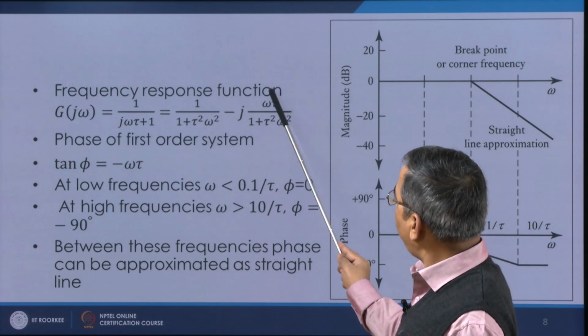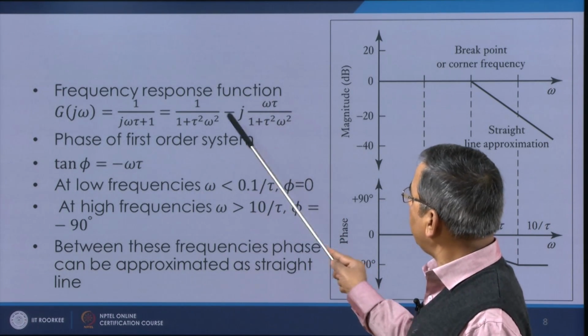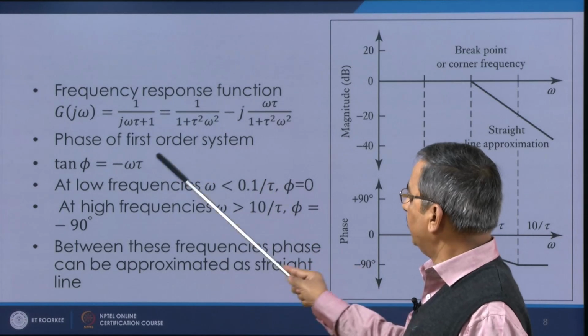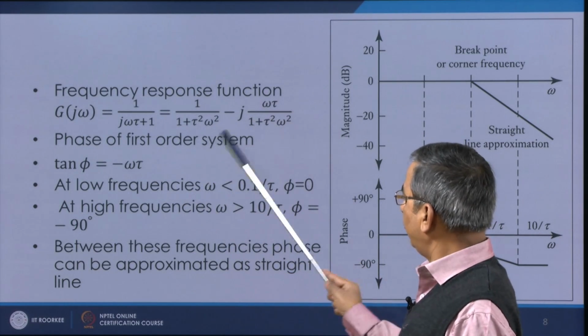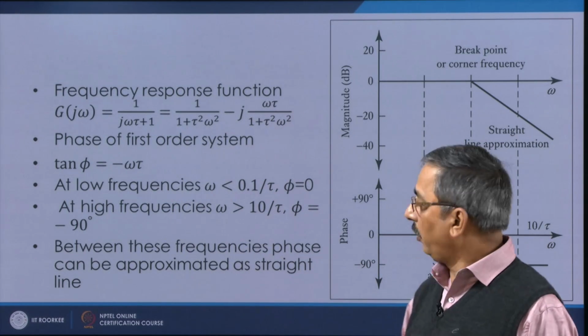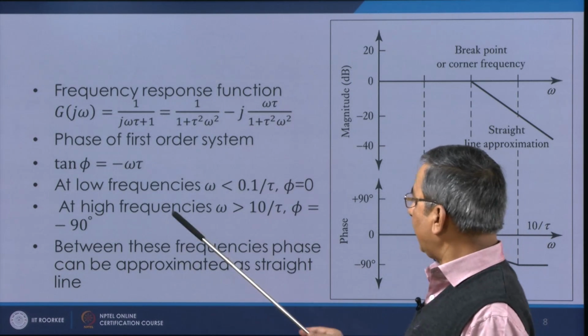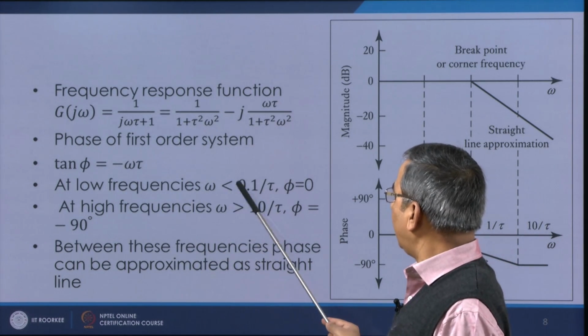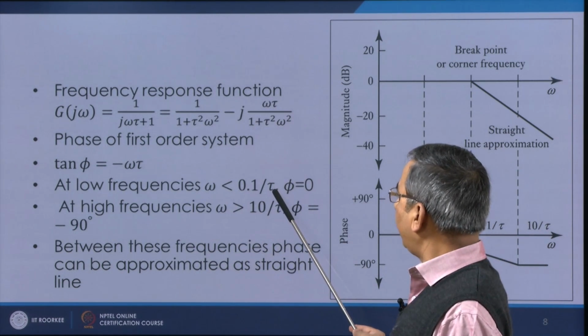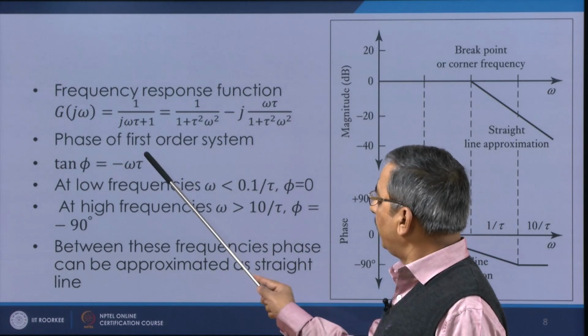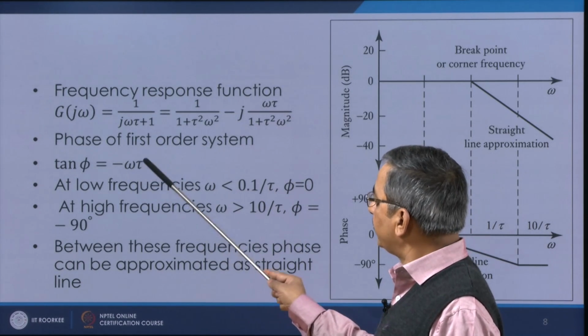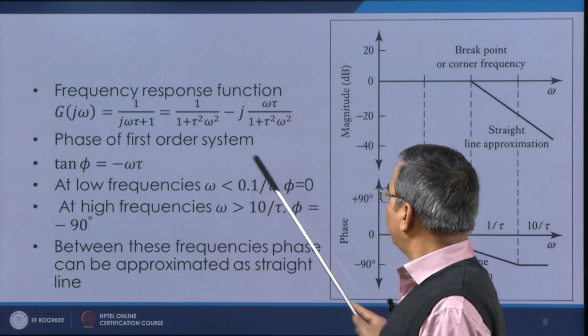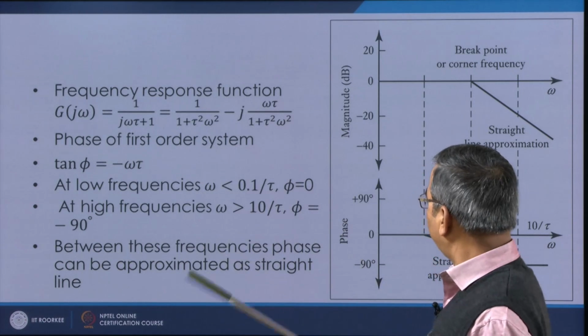This is my y component with a minus sign, and this is my x component, so what I get is minus omega tau. Now, you can see that at low frequencies, say omega less than 0.1 by tau, this value is very near to 0. So, tan phi is equal to 0, and phi is equal to 0.